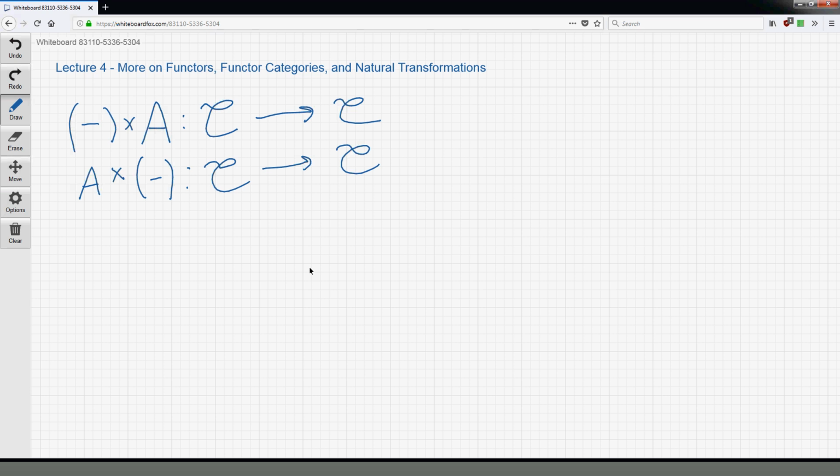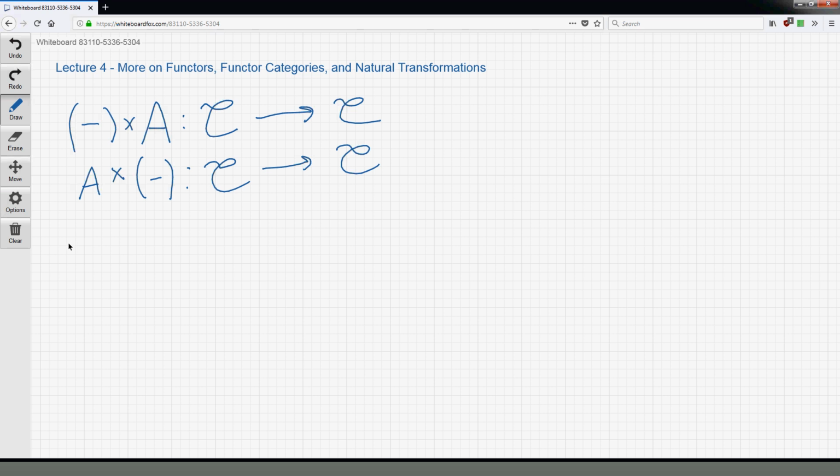You can't really do that with endofunctors, but if you recall, we had a construction on categories called the product category, which had as its objects pairs of objects in each of the two categories, and as morphisms, pairs of morphisms that matched up with the objects.